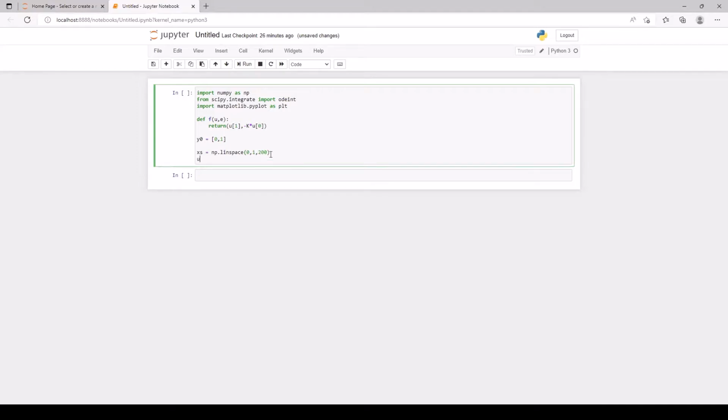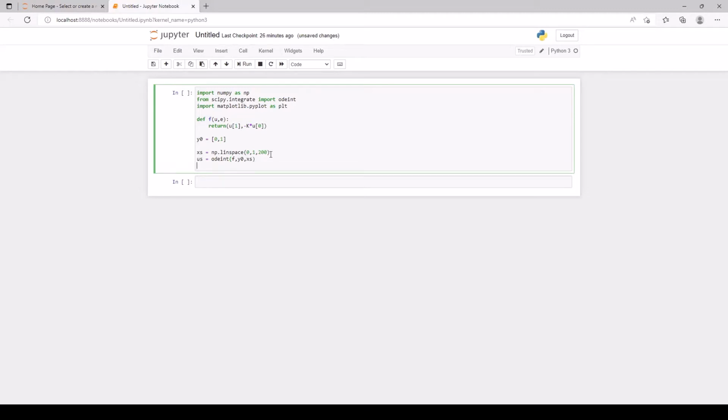Then us is going to equal odeint of f, y0, xs. This is going to be solving my wave function to graph the y-axis. Then actually getting the values for my y-axis, ys is equal to us indexed like that. And then finally the plot points.